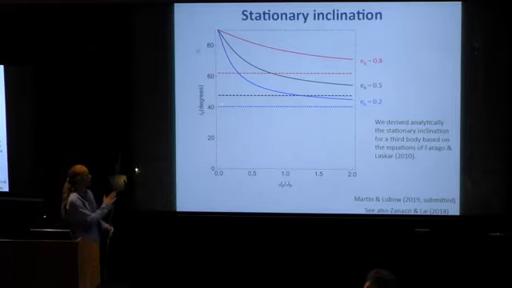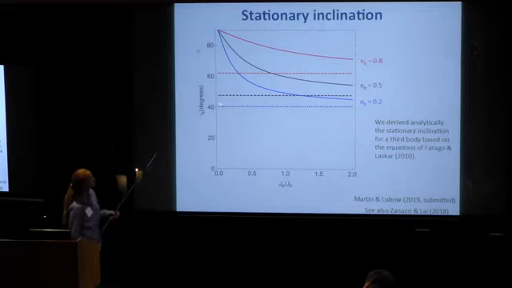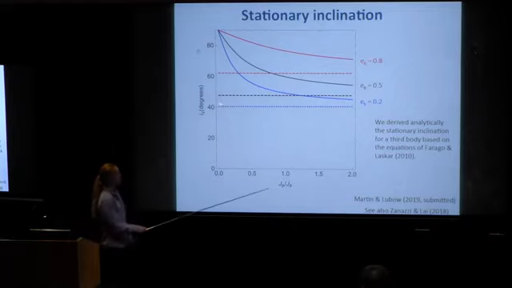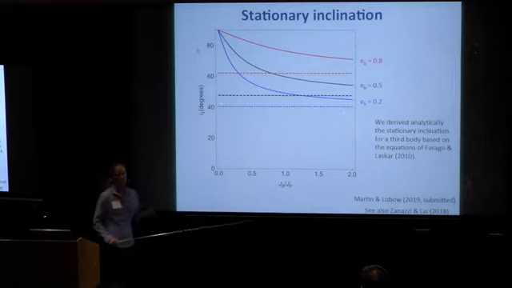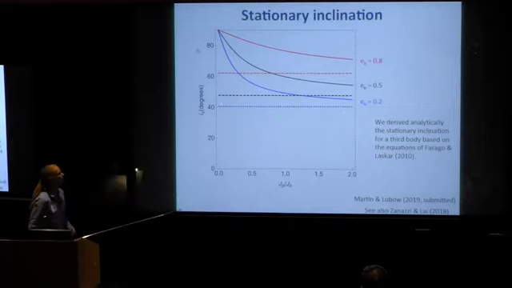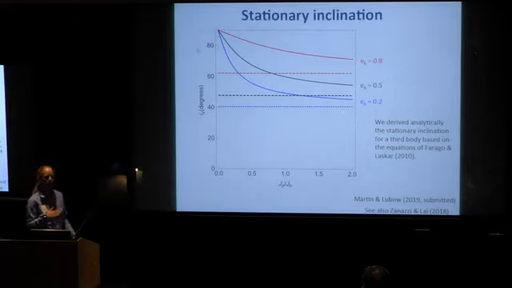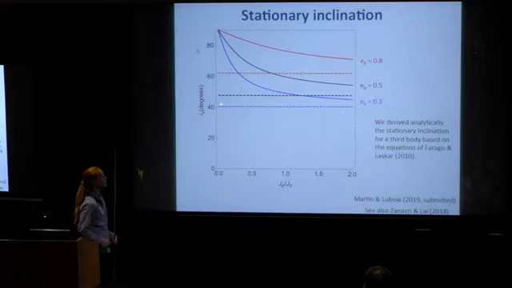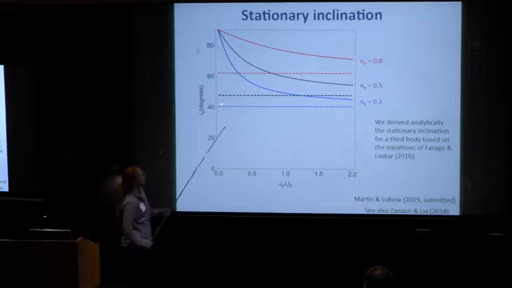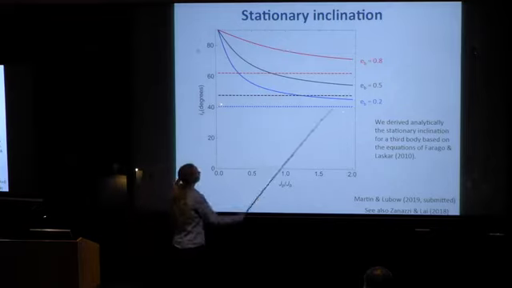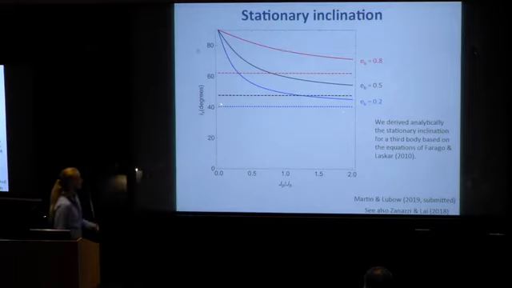This isn't actually for a disk, this is a third body, but it's a good approximation. If we increase the angular momentum of the third body, or the mass of the disk, if you like, the stationary inclination decreases, as we just saw in the previous simulation. The different colors show three different binary eccentricities.